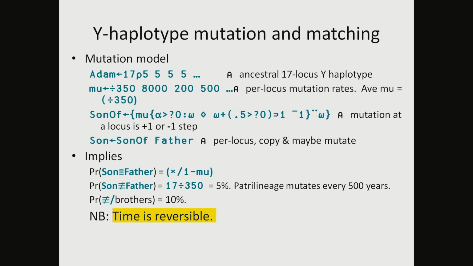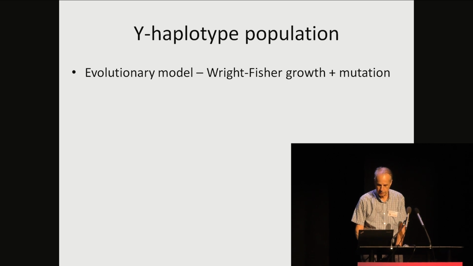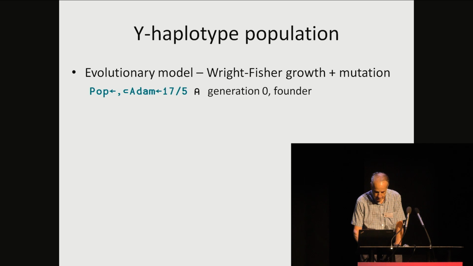A nice point is that, according at least to this model, in which plus and minus mutations are equally probable, time is reversible, and that'll be convenient in a moment.